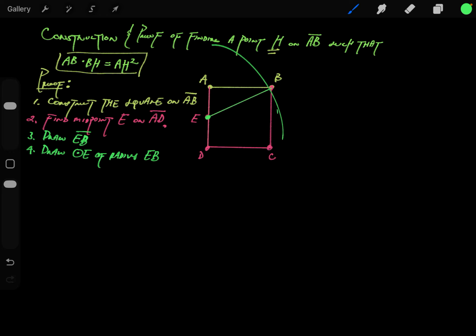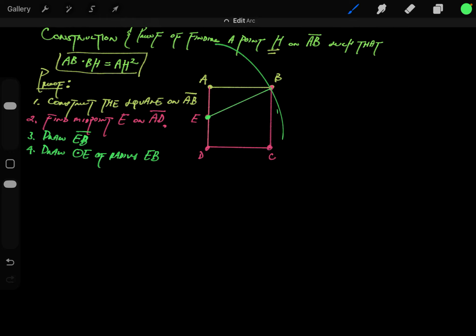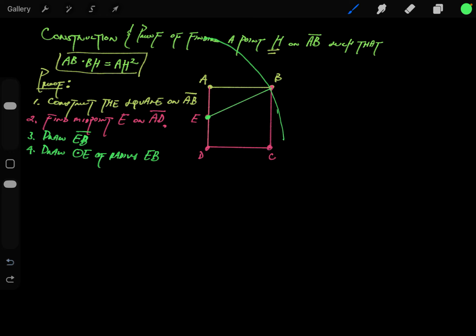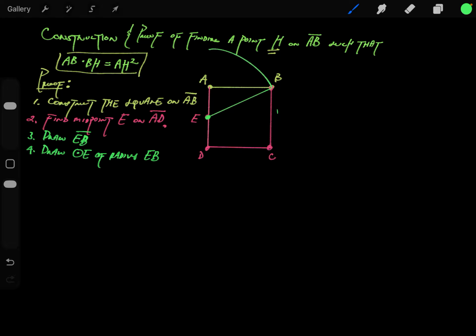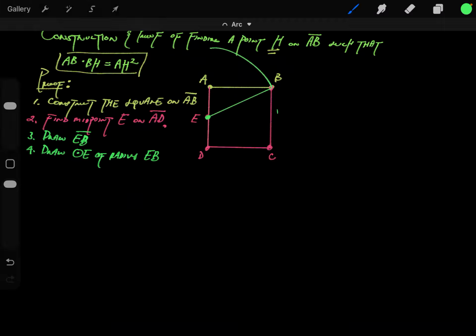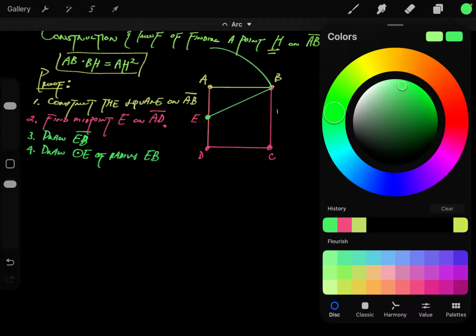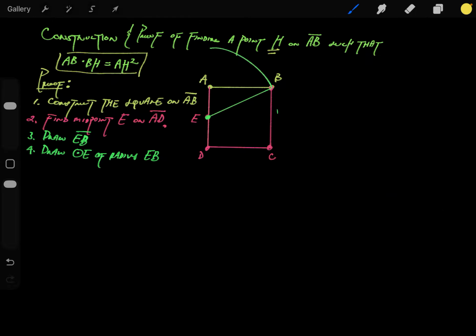I do want to make it the length of EB, but I'll just try and do it like this. Maybe that's slightly better. My construction isn't going to be perfect because I don't actually have the compass to do this, but essentially then from E to F will be the same length as from E to B.